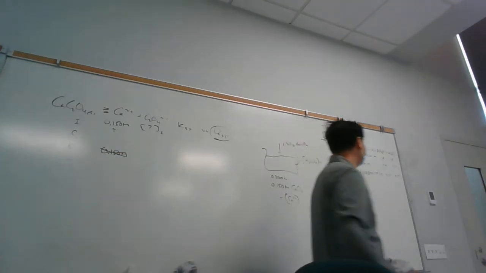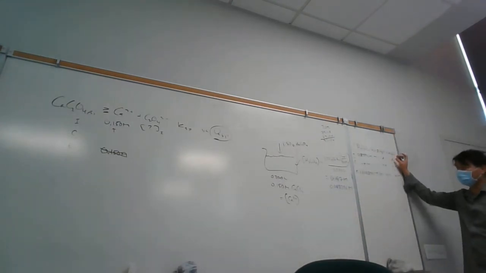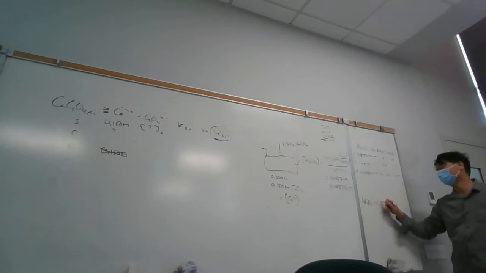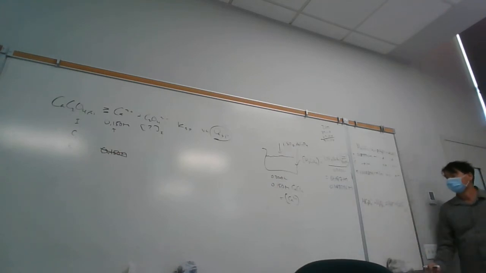If I do this as step one, I have hydrogen oxalate ion. But I know hydrogen oxalate ion itself is an acid. So in step two, I take my hydrogen oxalate ion and hydrolyze water one more time, and I'll form hydronium and oxalate. This is the free oxalate concentration I have here.